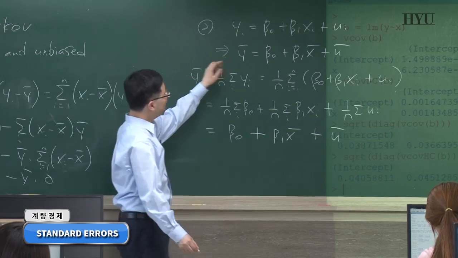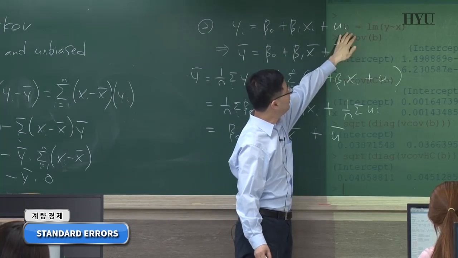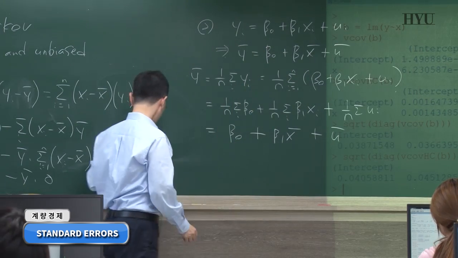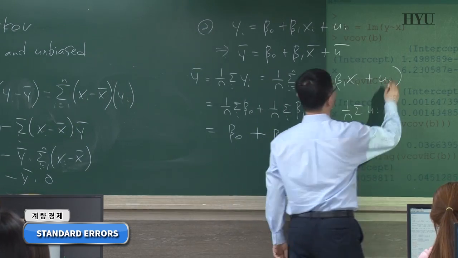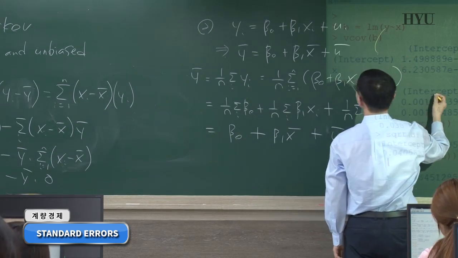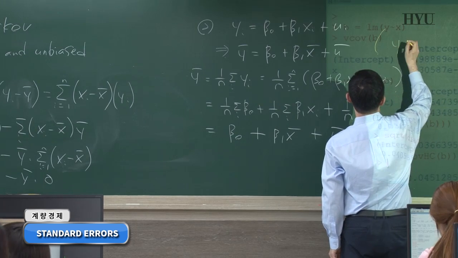So we see that our model implies this. But don't be confused. In the sample regression line where you have hats, we have a slightly different one, right?